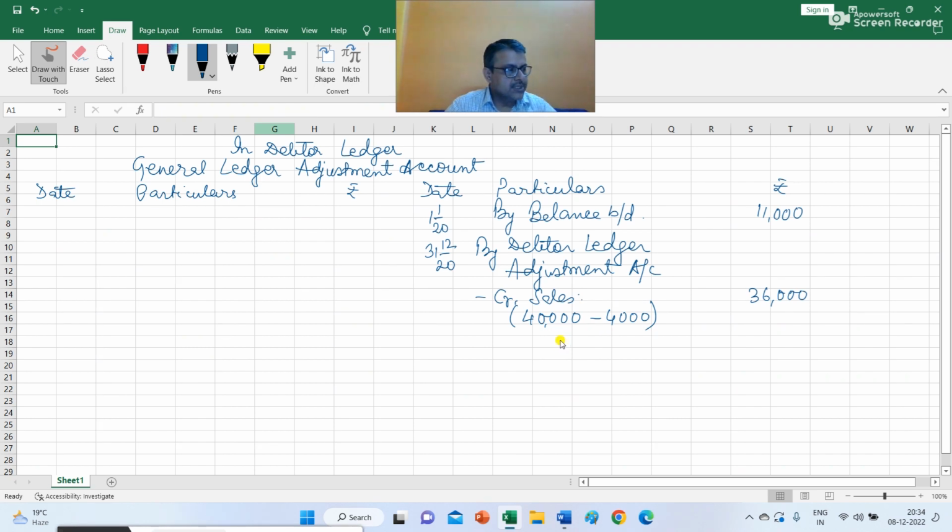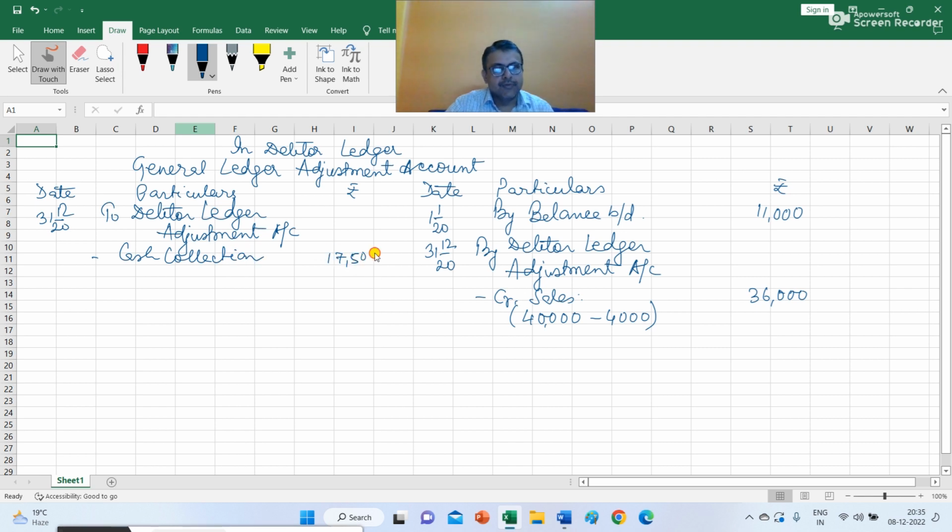The next transaction is cash receipt from customers. Your journal entry is general ledger adjustment account debit to debtors ledger adjustment account. So I write here: to debtors ledger adjustment account, and the amount for cash collection from debtors is 17,500.